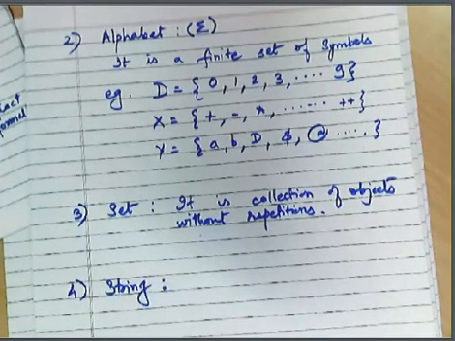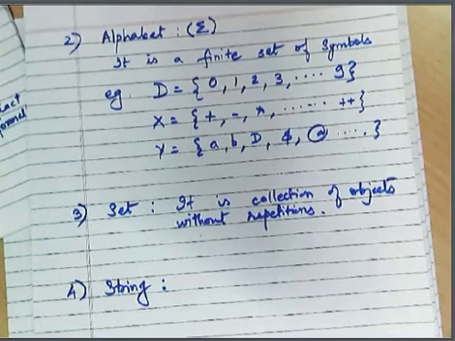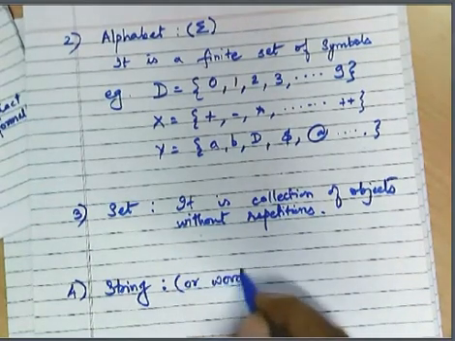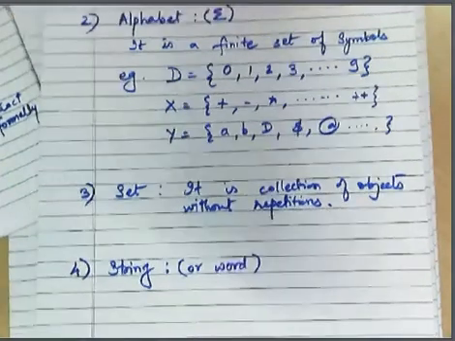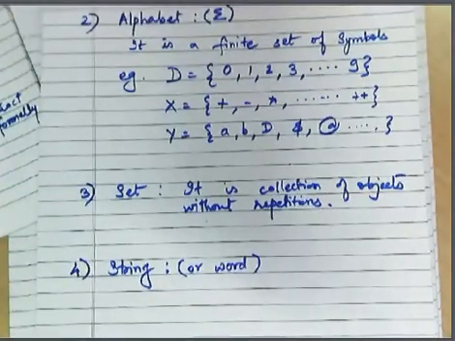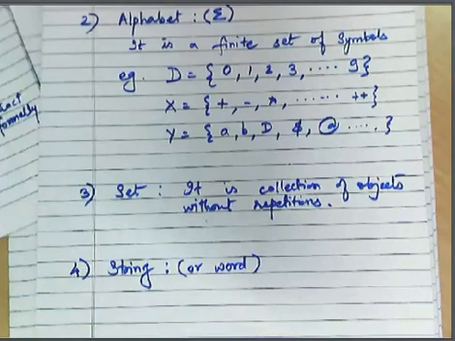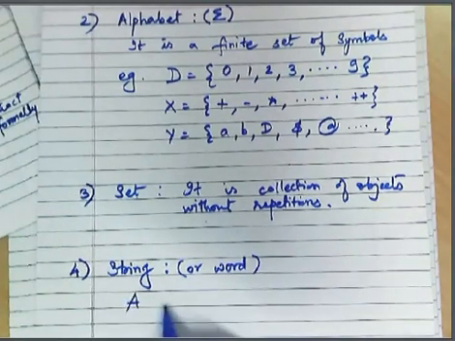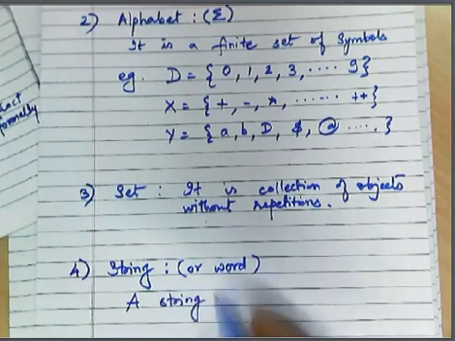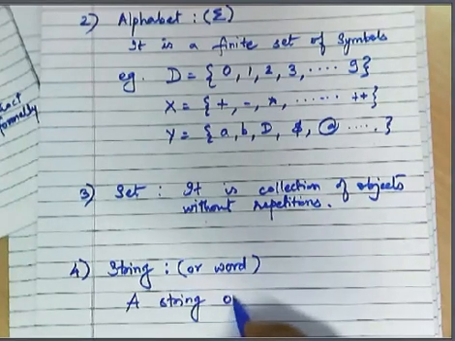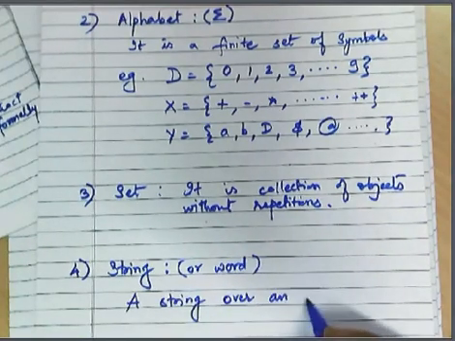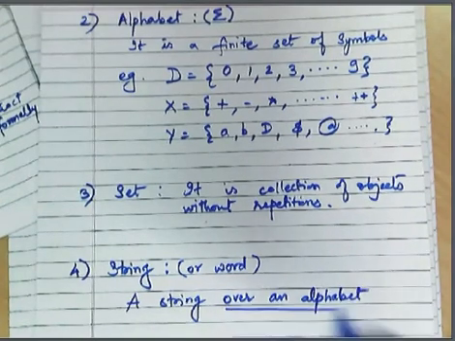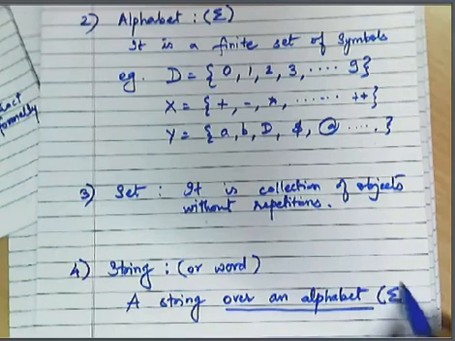So what is a string? As usual, you know the meaning. It is also called a word. In our discussion, we will use the word string or word interchangeably. So what is a string over an alphabet? How do we define the alphabet? Summation.